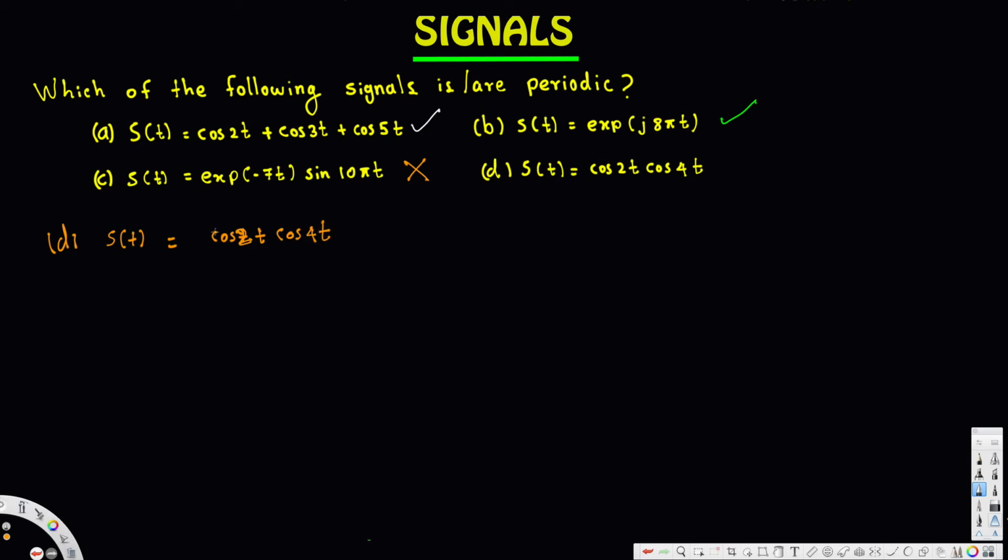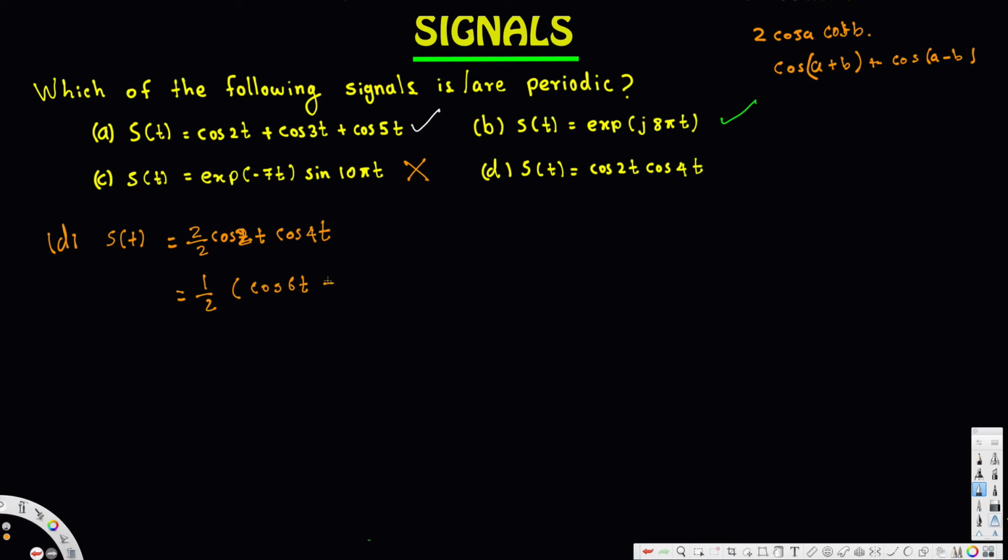There's an identity: 2 cos a cos b can be expanded as cos(a plus b) plus cos(a minus b). To get the 2, we can multiply and divide by 2. In that way we will have half times cos(a plus b), which is 4 plus 2, that's 6, so cos 6t.